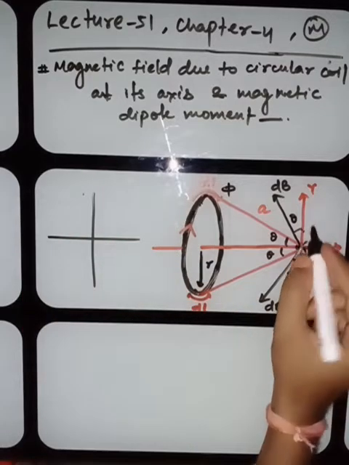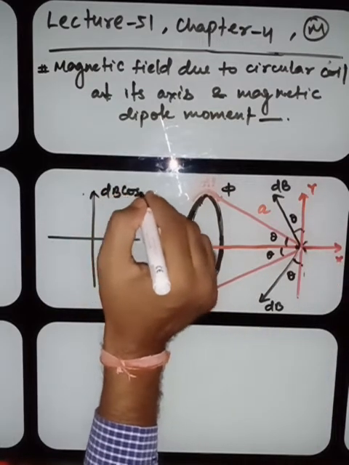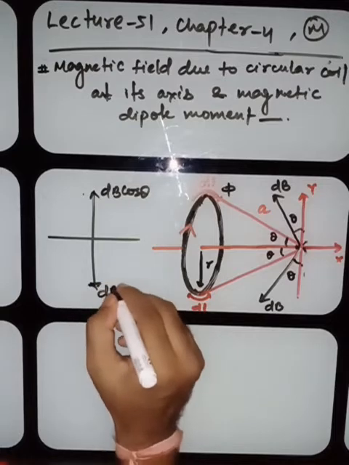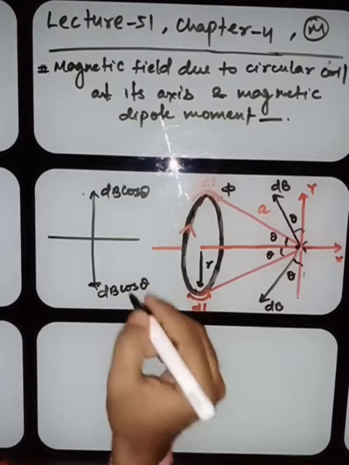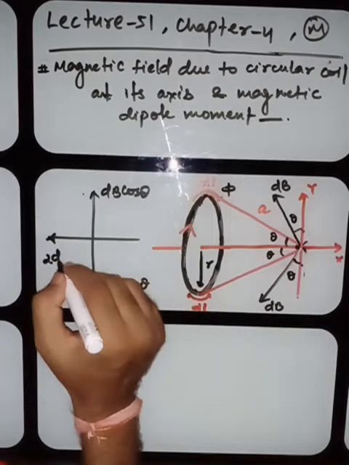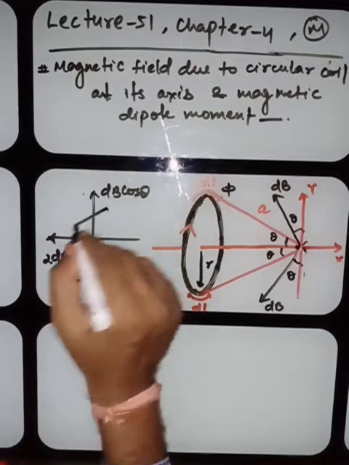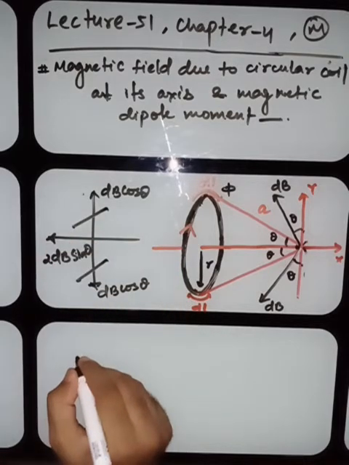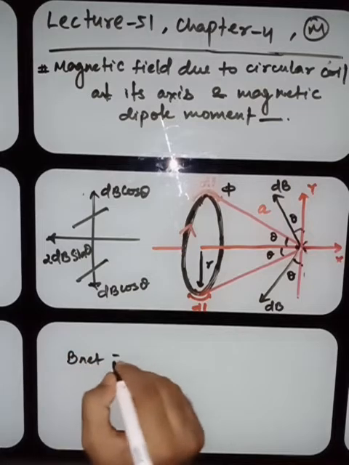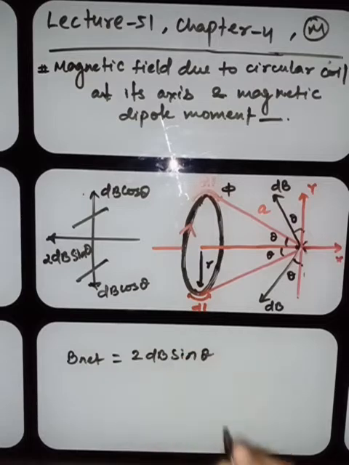Thus dB has one component, dB cos theta, and this one also has dB cos theta, and the two components along this way, so 2 dB sine theta, I'm directly writing. I hope these two cancel out. So we have the net magnetic field, B net, equal to 2 dB sine theta.